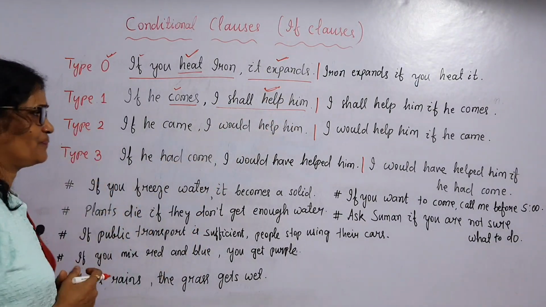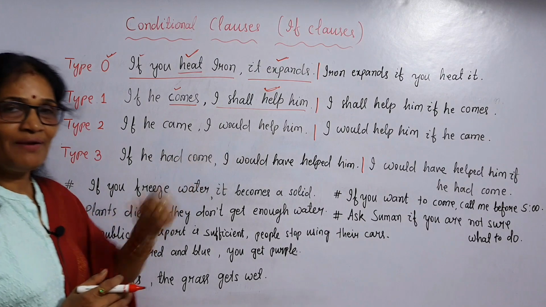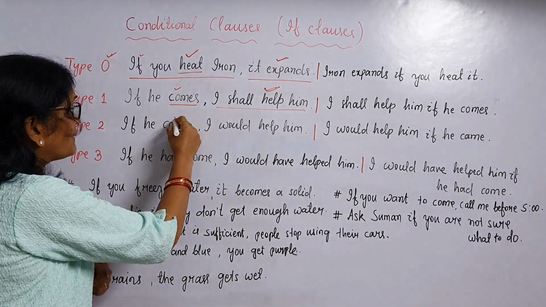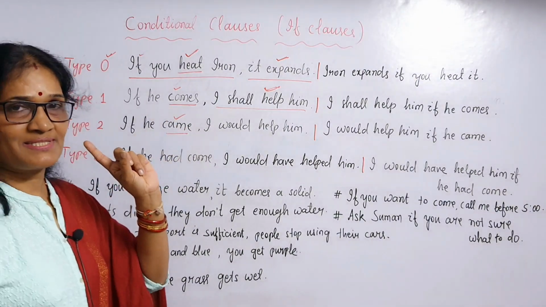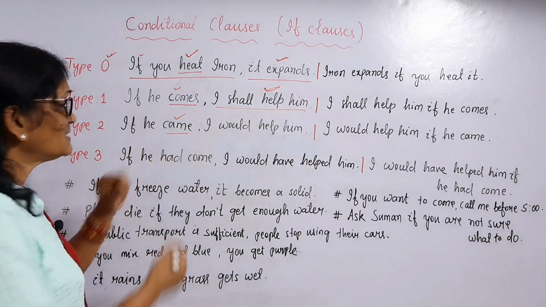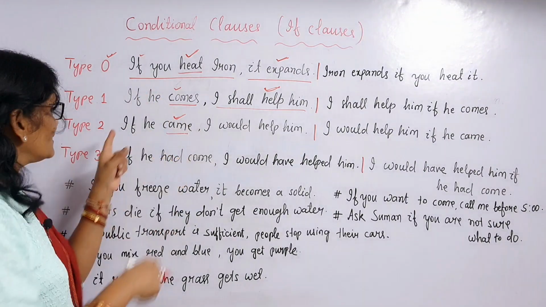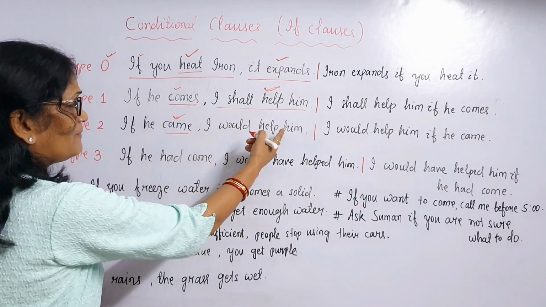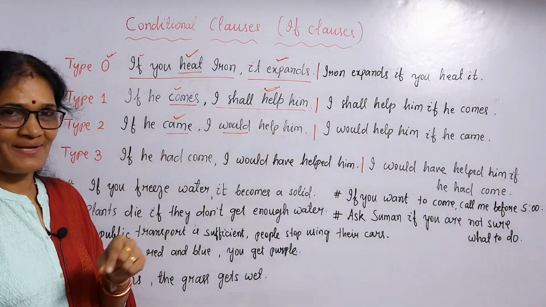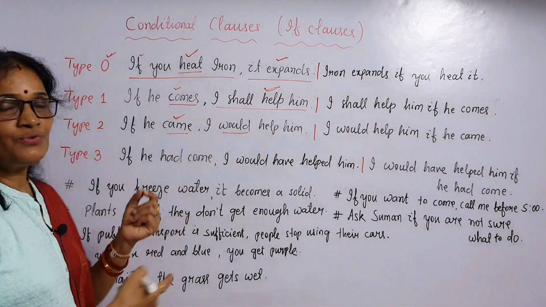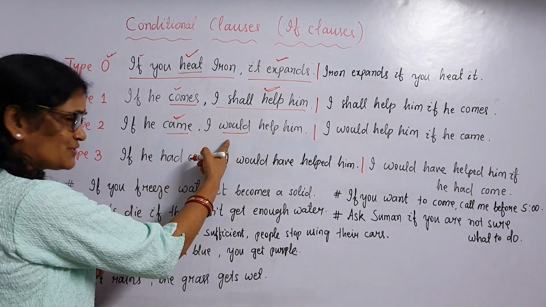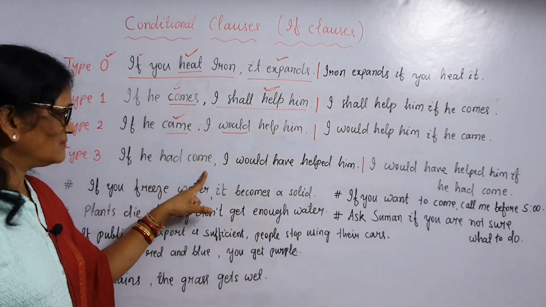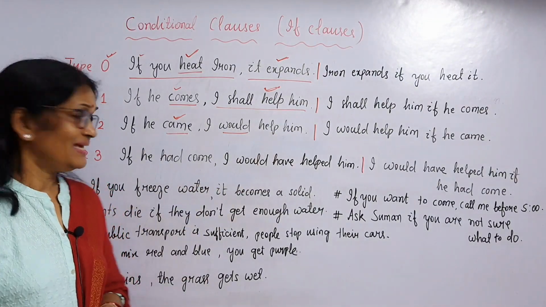Then type 2: if he came, I would help him. Here came is simple past. When you use simple past, we are talking about the past. If he came, this is the condition we are talking about, and I would help him. We use a past modal here, so would, could, should, might we can use. Type 3: if he had come, I would have helped him.